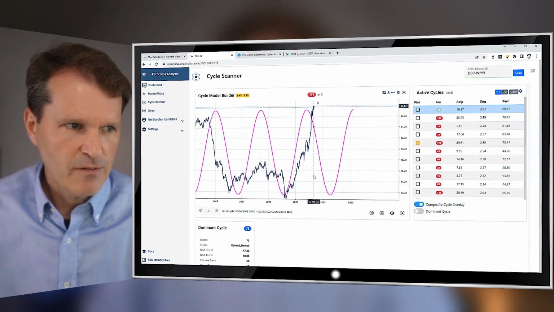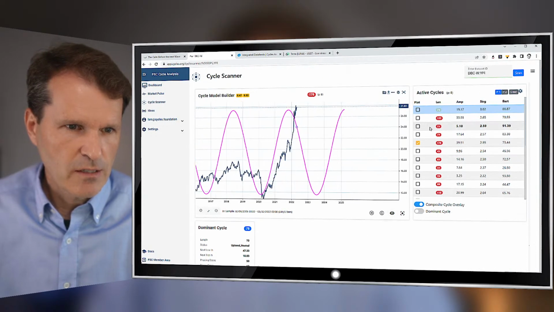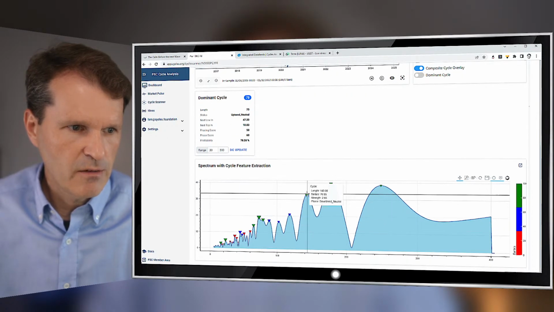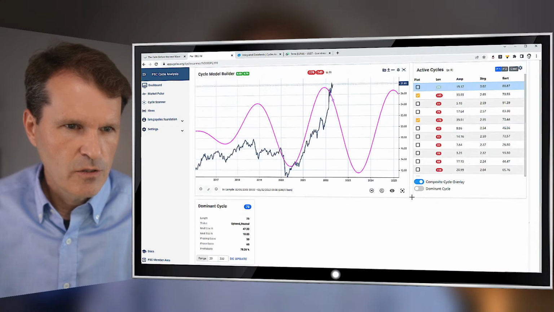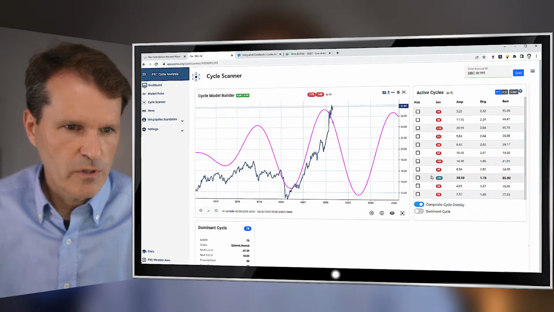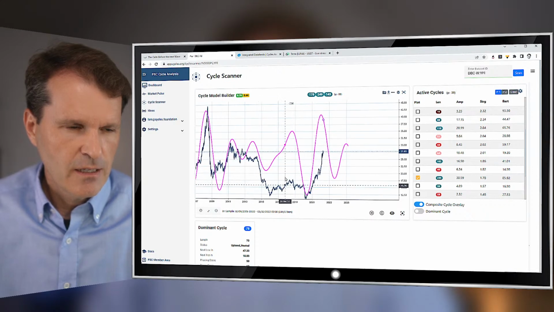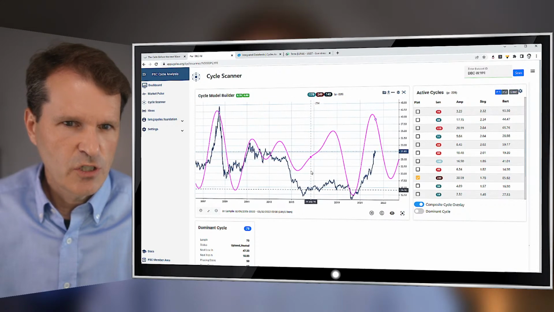The 178, the 200, I think the 143 peak here, and the 249, this one here. So that's at least picking, I think it's a good fit.